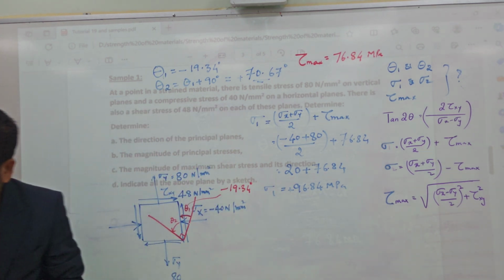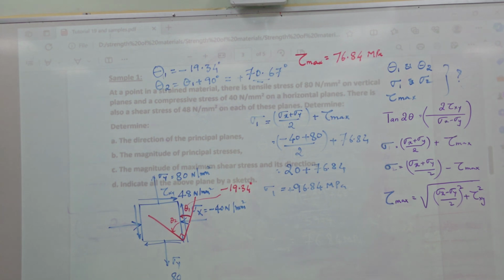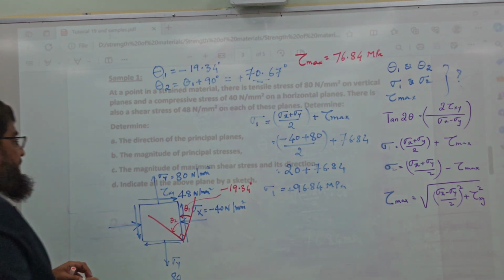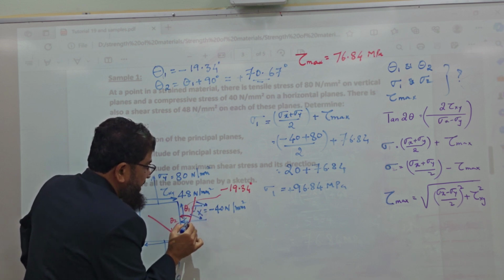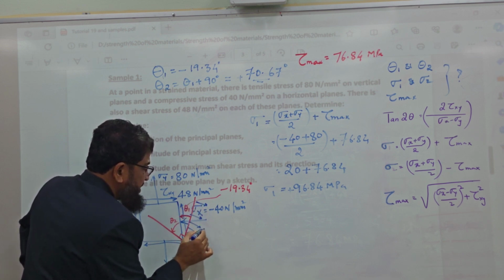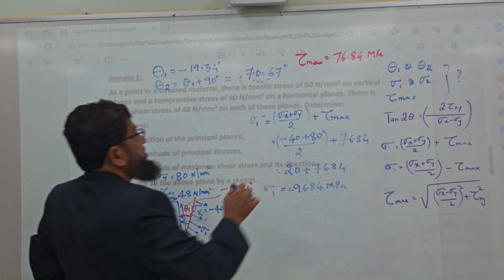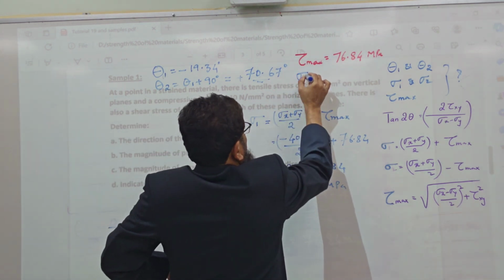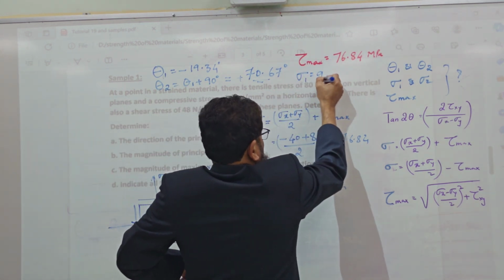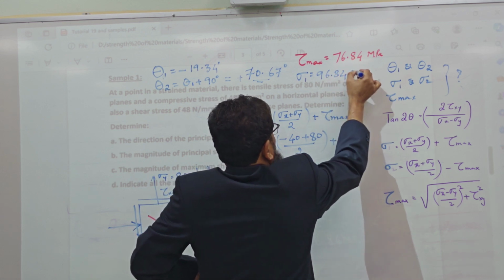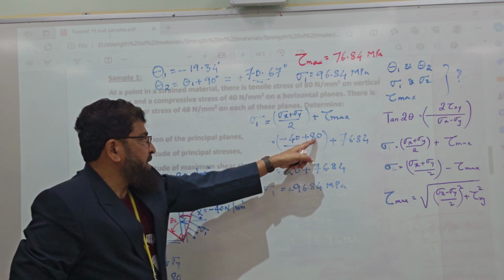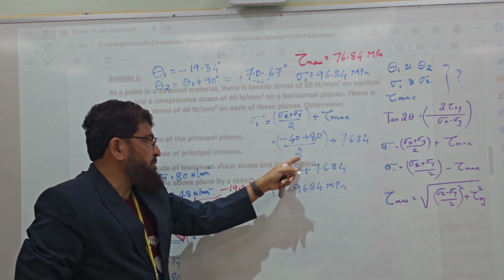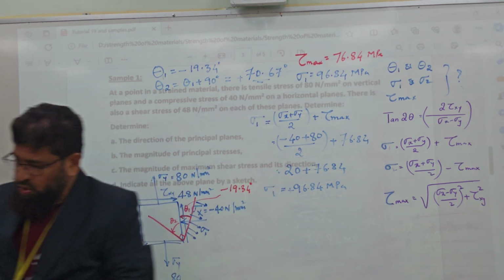So this will become tensile only. I can write on this plane like this. This is sigma 1, and its value is 136.84 megapascal.